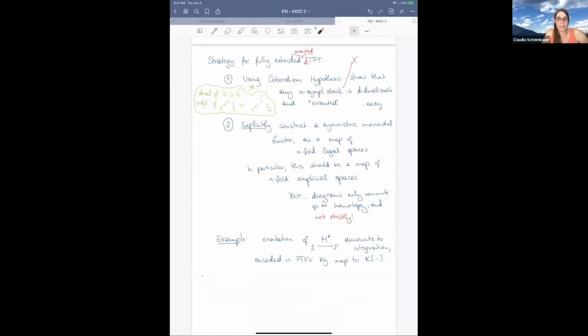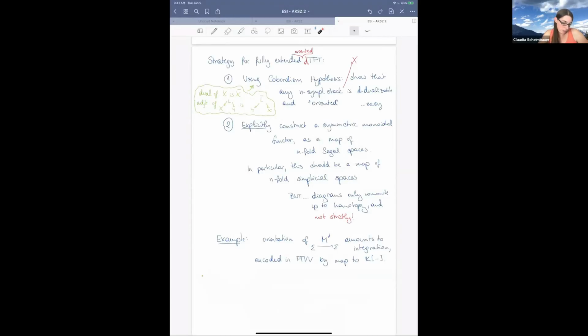At least we would like that; not every functor of infinity n categories arises this way, but we would like to have it just as a map of n-fold simplicial spaces. This is reducing our complexity, since n-fold simplicial spaces are something we understand very well.